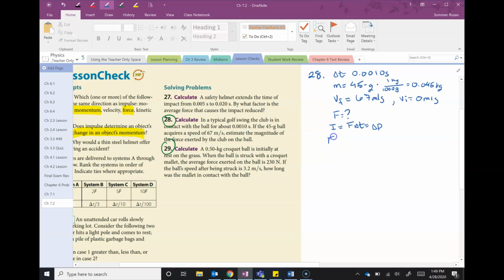So force times our time interval is equal to our final momentum minus our initial momentum. If I expand this out into the individual pieces, F times delta T is equal to mvf minus mvi. My initial velocity was 0, so this term goes away. And I'm looking for force, so I'm going to divide both sides by delta T.